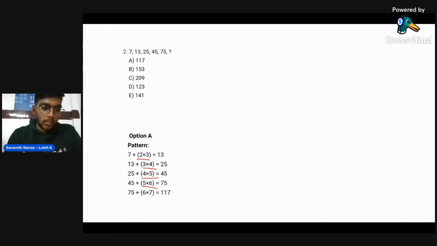75. Now when you write this particular pattern, see the next number, the 3 will be going to the next horizontal line, and the plus 1 of that you're going to multiply it. That is 3 multiplied by 4. Next one is 4 multiplied by 5. Next is 5 multiplied by 6. Next is take the product of 6 and 7. So what is the product of 6 and 7? That is 42, right? So 42 plus 75 is how much? That is 117. So option 1 will be correct here.